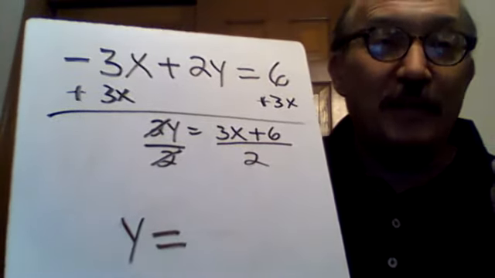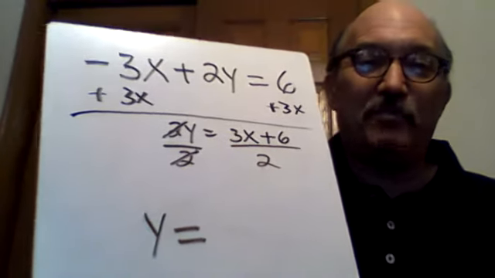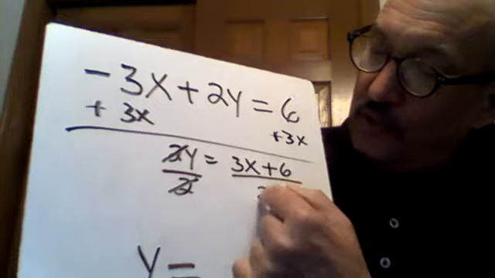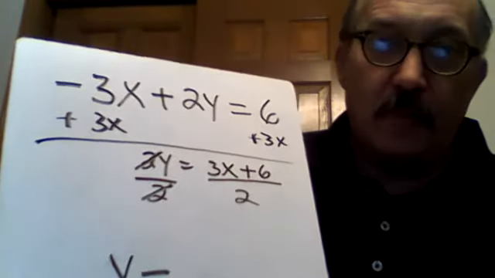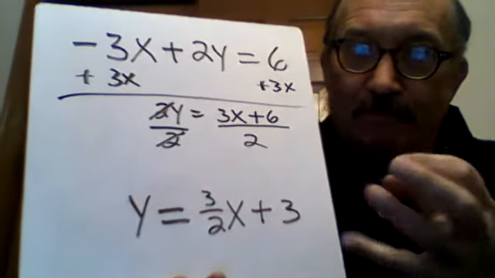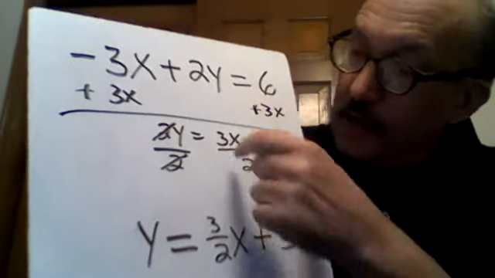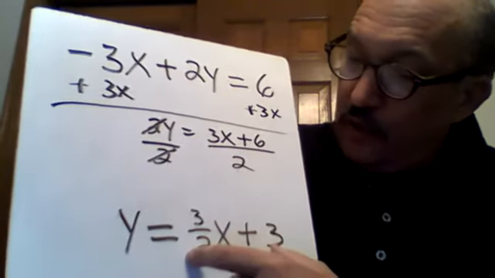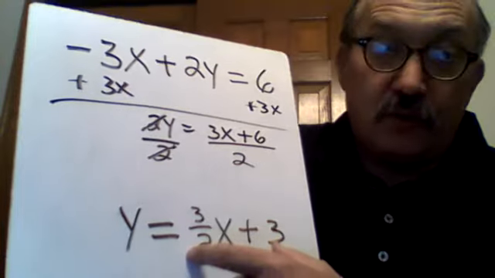Here's where the half step comes in. I said it's a 2.5 step process. What we're now going to do is divide this 2 into each of these terms and rewrite it like this. 3 halves x plus 3. Okay? Now, I'm going to show you step by step why this thing here, 3x plus 6 over 2, is equivalent to 3 halves x plus 3.